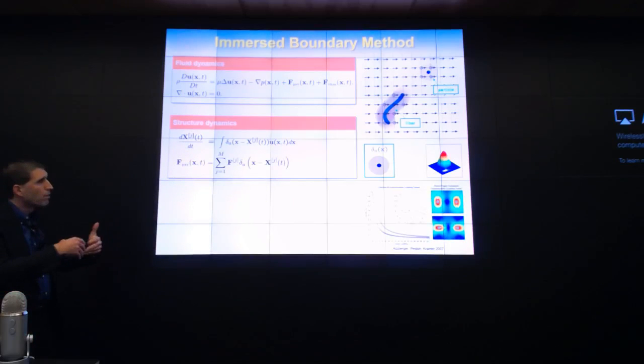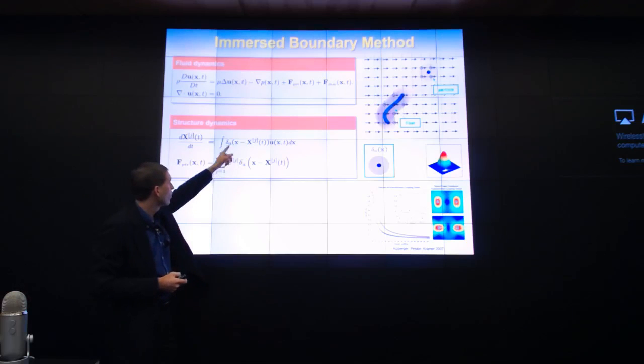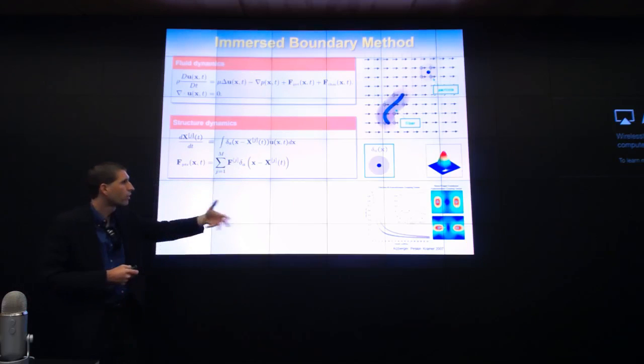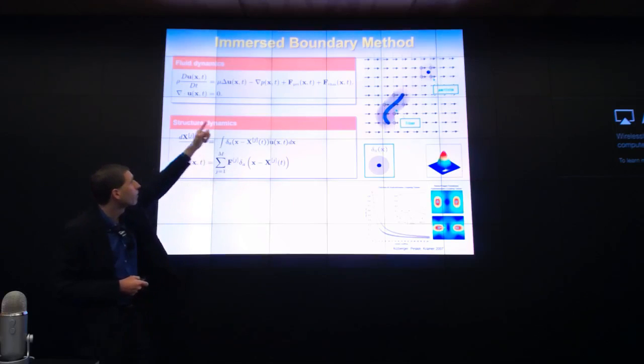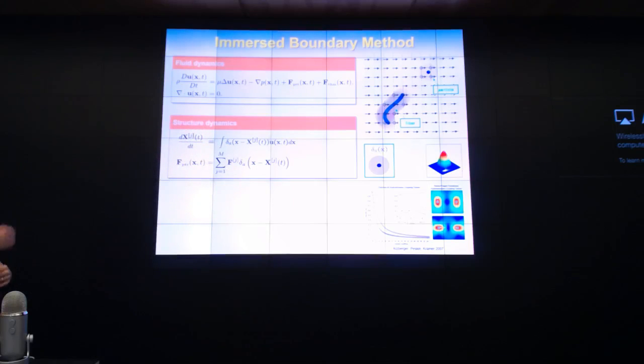And then any forces that act on the microstructure, those are imparted to the surrounding fluid environment through the same kernel, which I call delta A here. Keep in mind the Peskin delta function. And in that manner, we account for the momentum change of the microstructure. So we're really using the fluid equations to do double duty here, right?